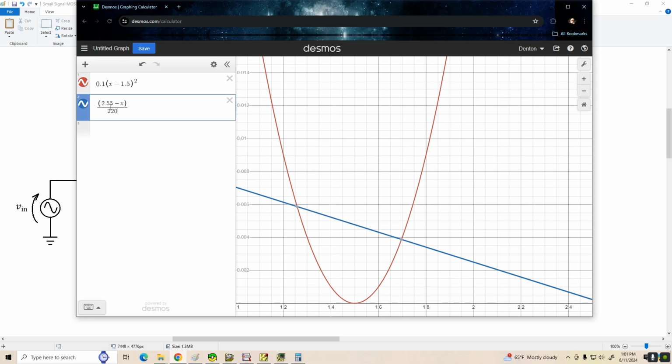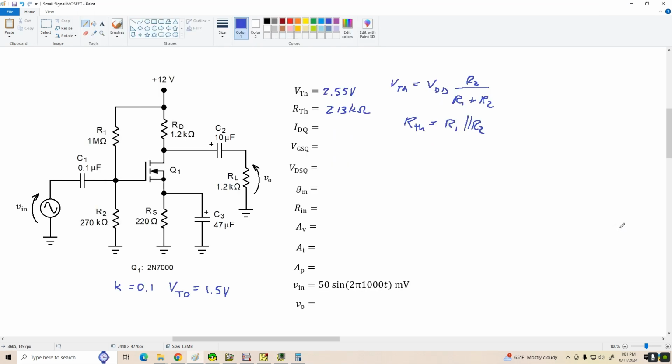We've got 2.55 volts, that's VTH, minus X divided by RS, 220 ohms. So here's our ID times RS line, and our drain current is about 3.9 milliamps. Okay, so we're going to get an IDQ of about 3.9 milliamps.